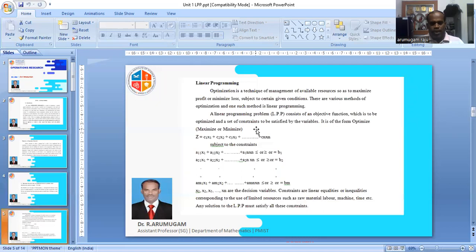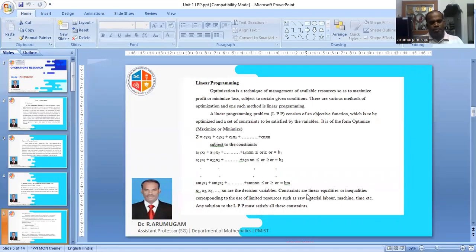Optimum means whether it is maximum or minimum. Therefore, the objective function is either maximized type or minimized type. Therefore, Z equals c1x1 plus c2x2 plus c3x3 plus etc. plus cnxn. Second one is constraint, that means subject to the constraints. Here we have m number of constraints.